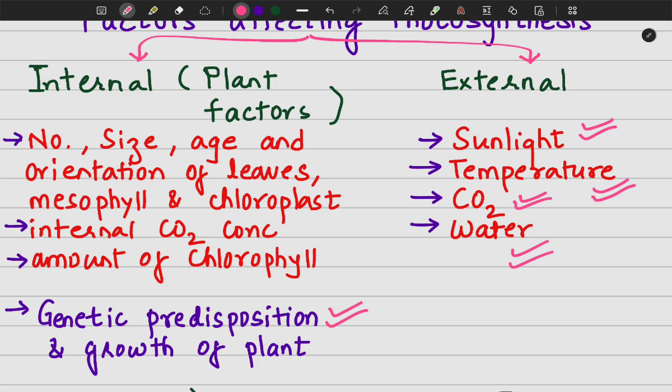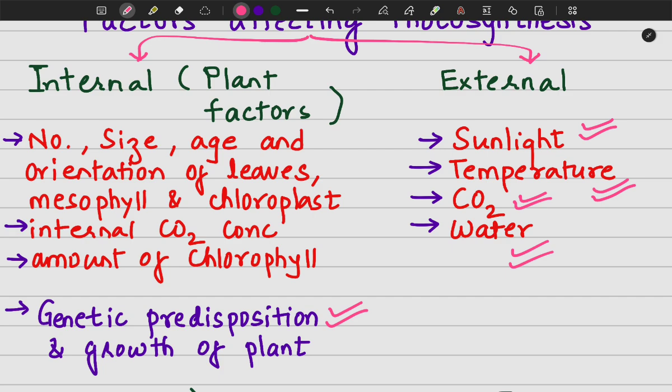So these constitute the external factors that will affect the rate of photosynthesis. How these factors will affect, we will study in detail a bit later. We will most importantly focus on these external factors only.